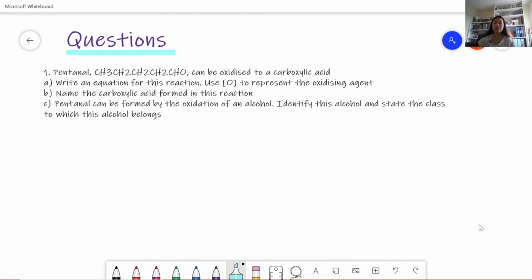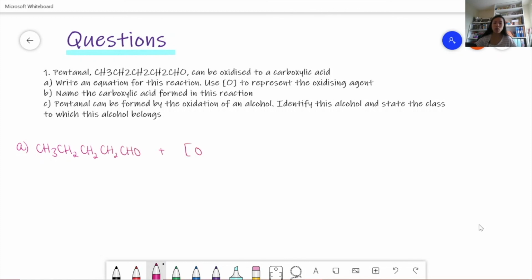So now we're going to look at some questions. For question 1, pentanal can be oxidized to a carboxylic acid. Write an equation for this reaction and use the square brackets O to represent the oxidizing agent. So what we need to do is we first write down pentanal, so CH3, CH2, CH2, CH2, CHO.